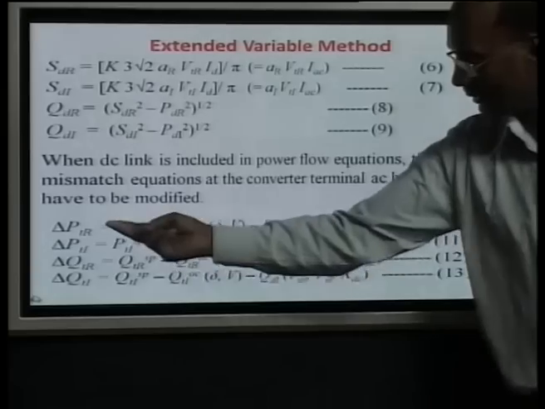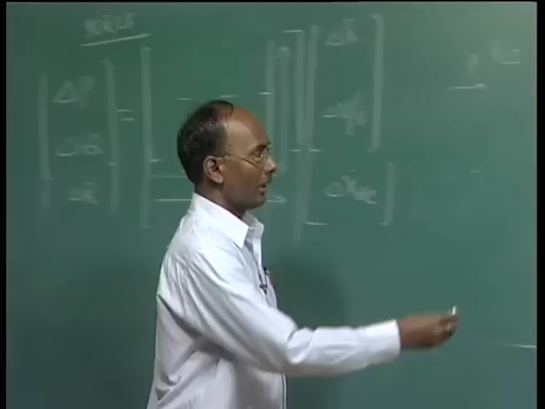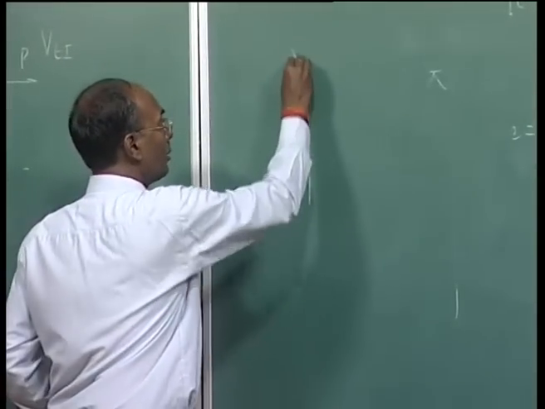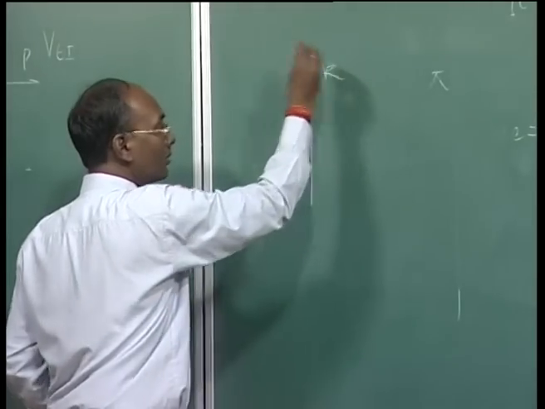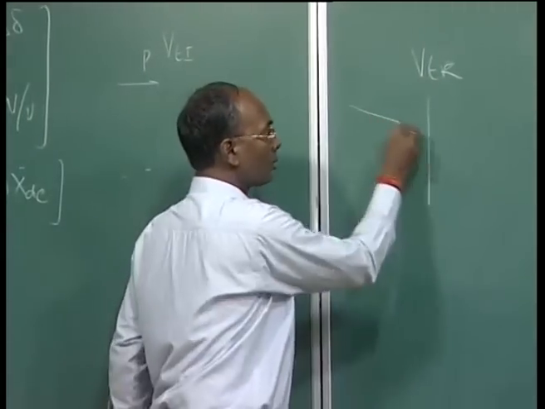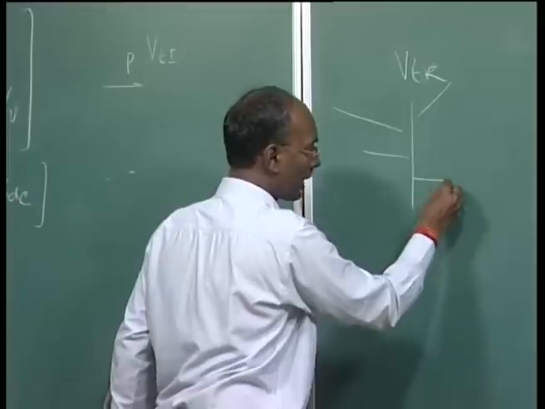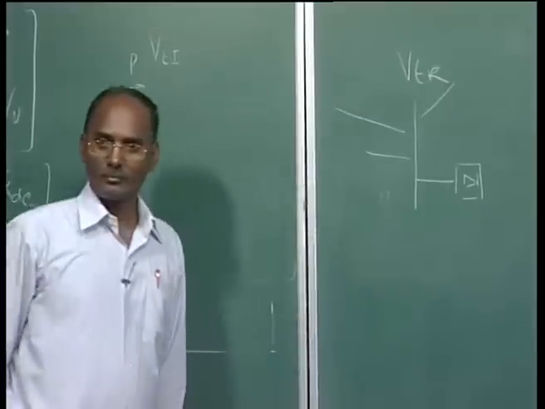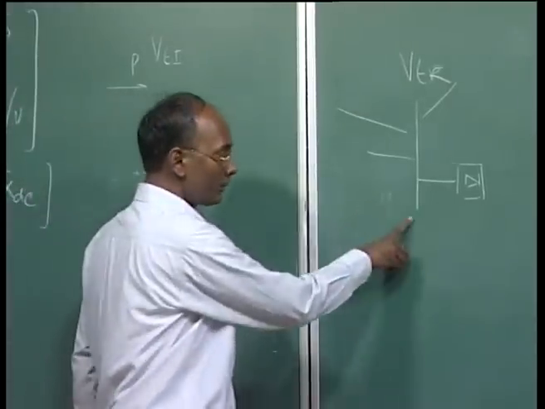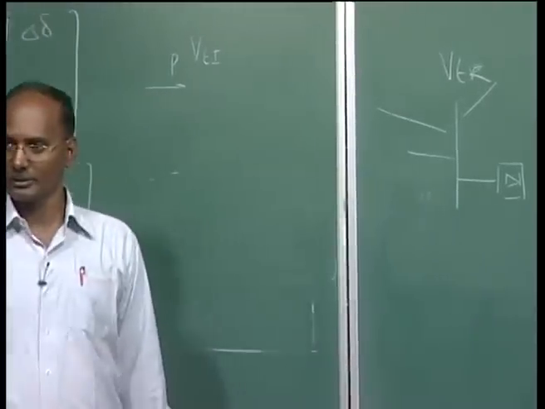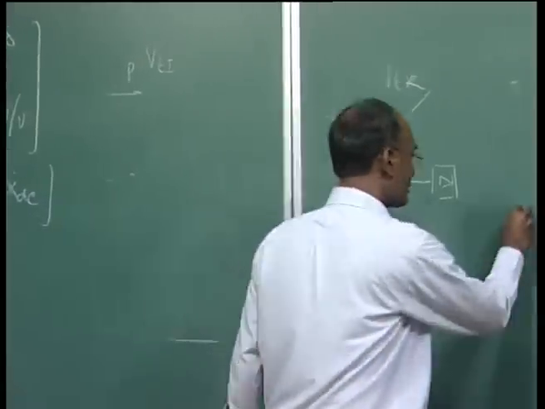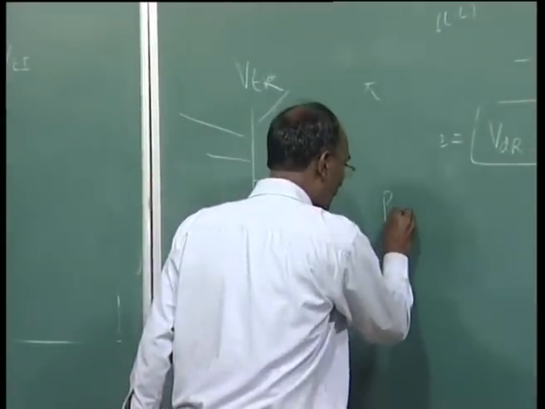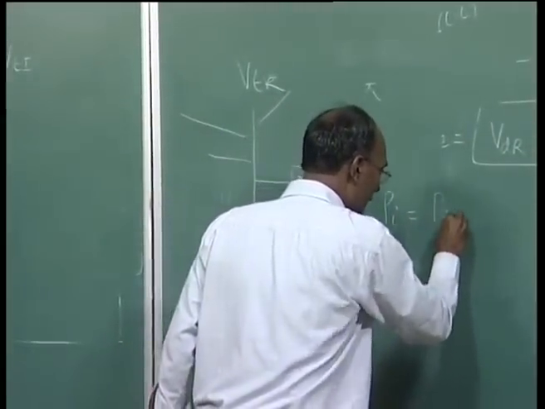Because at any bus now, here this is your VTR. What happens? We are having so many lines, the AC lines, and we are having the ones corresponding to the DC. Means at this bus, if we are writing the power balance equation, here I can say the P is specified, this PI here is your PGI.